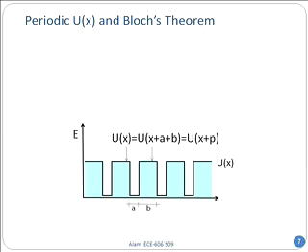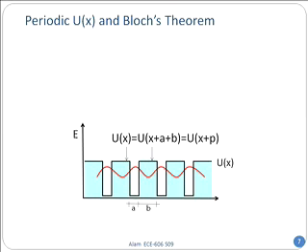It's one period away, and instead of a plus b, I'm writing just p in order to save some time. Now, if the potential is the same, then although I don't know the solution of the Schrodinger equation yet, I could say this: whatever be the solution at location x, the solution at location x plus p must be the same.